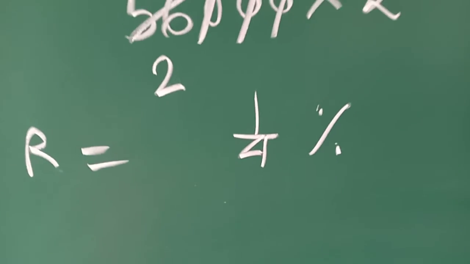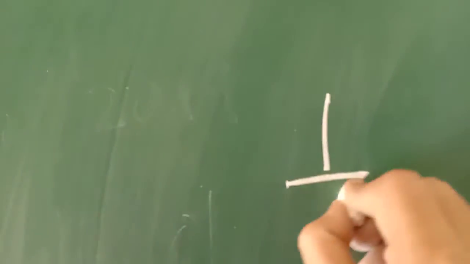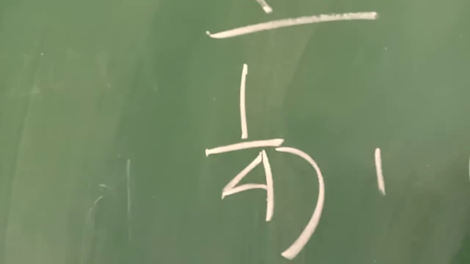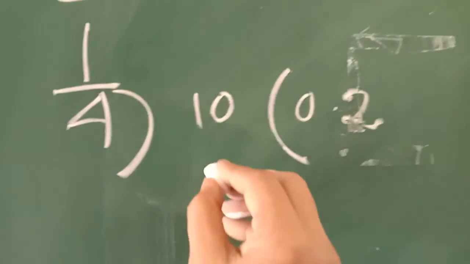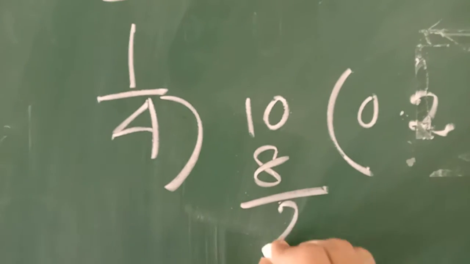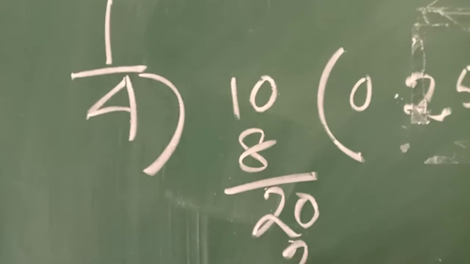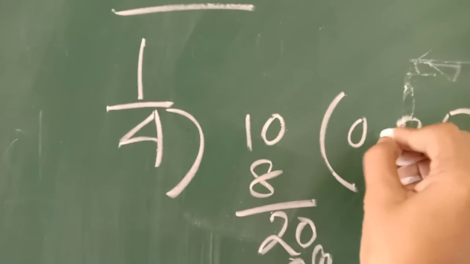So what you are getting here is rate equal to 1/4%. What do you mean by 1/4%? Do this rough work also. 1/4 means divide 1 by 4, and you get 0.25.